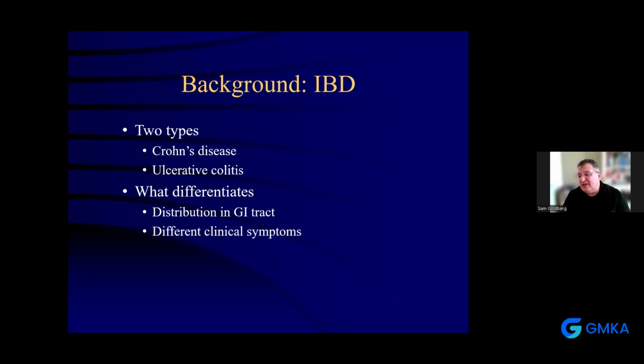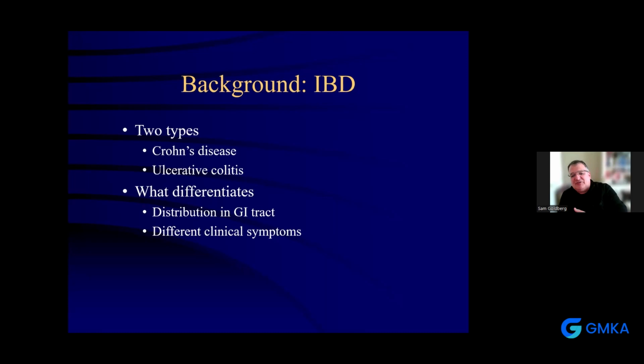So somebody who presents with bloody diarrhea, you do a flex sig, they're on no treatment, the rectum is spared and the disease is in the sigmoid colon, that's probably more likely to be Crohn's disease.